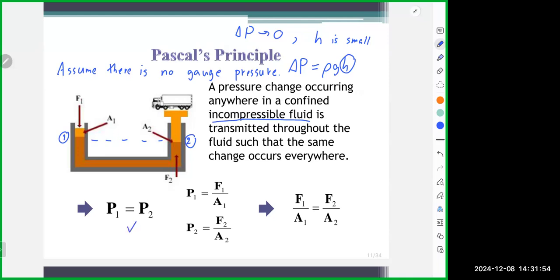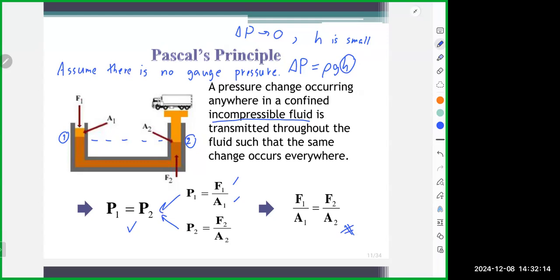And with the definition of pressure, it is the ratio of force and area. You can cancel terms with each other here, and you finally get this one. So what does this mean?